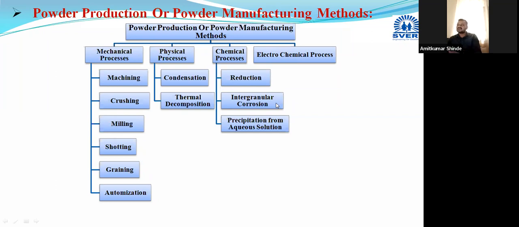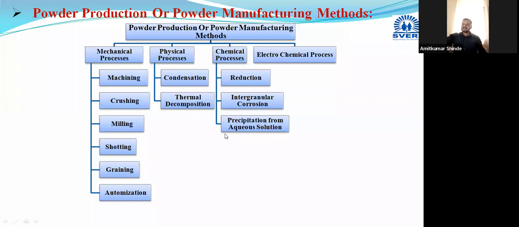Grains with an angular shape are obtained with the help of this intergranular corrosion. In this way, stainless steel powder particles having an angular shape are obtained.